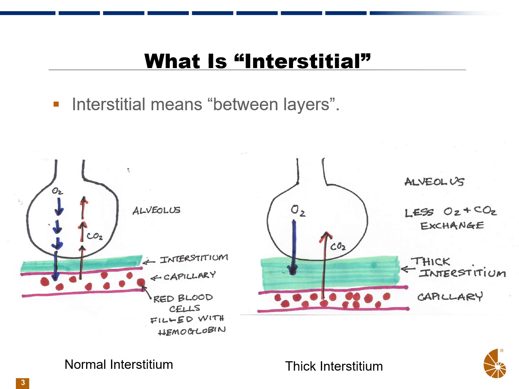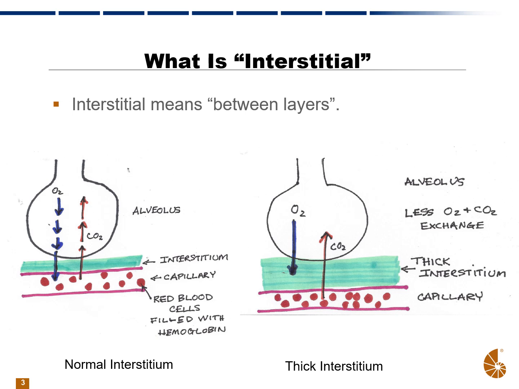Also, carbon dioxide comes out from the blood, goes into the alveolus, and is breathed out into the atmosphere. So there's the exchange of oxygen and carbon dioxide, and they both go through that interstitium into the little network of capillaries that surround all the alveoli.